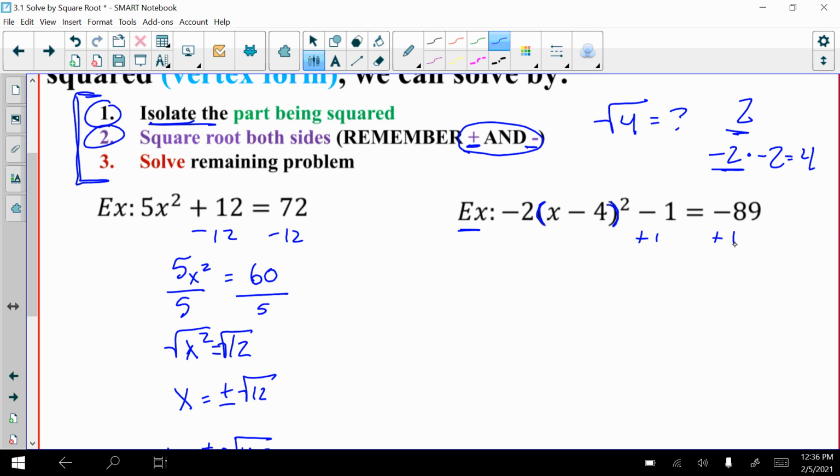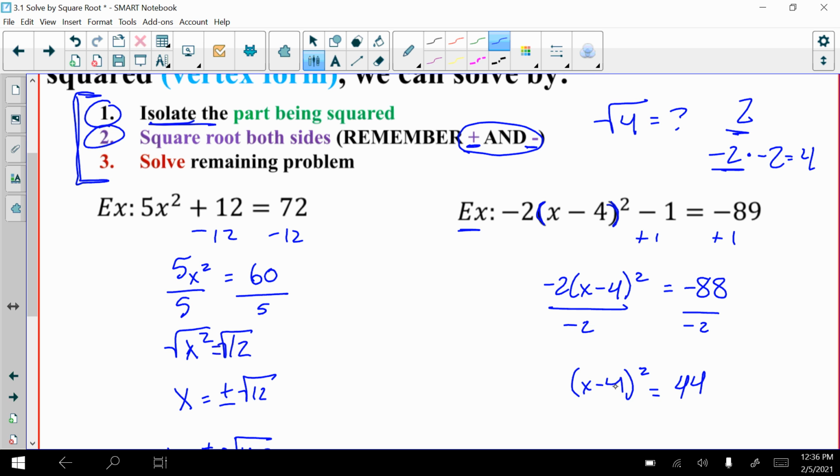That's going to be negative 2 times x minus 4 squared equals negative 88. And then I've got to get rid of this negative 2. It's being multiplied, so I'll divide everything by negative 2. And then I'll have x minus 4 squared equals positive 44.